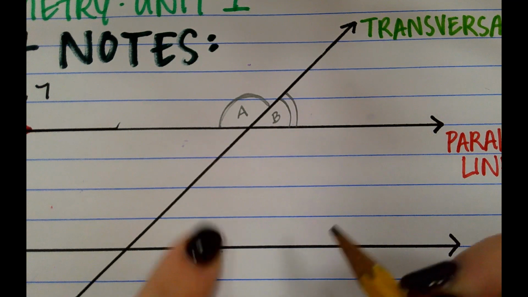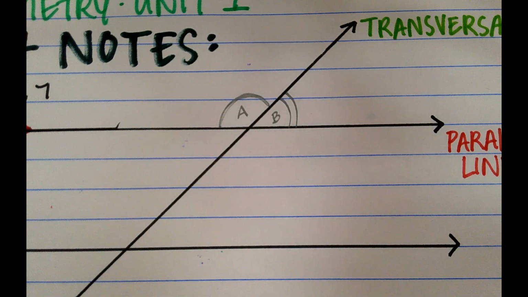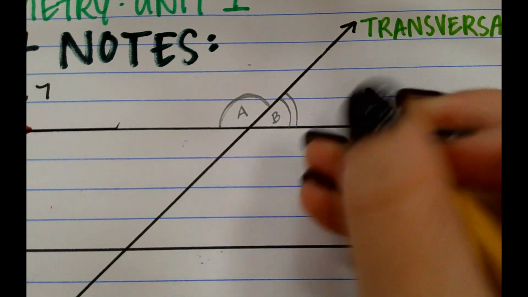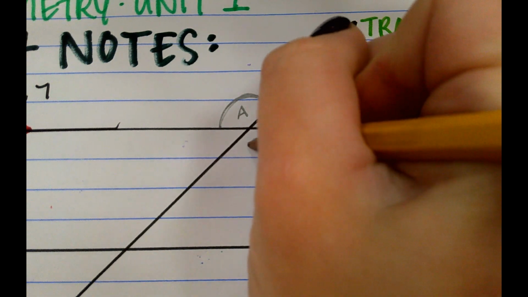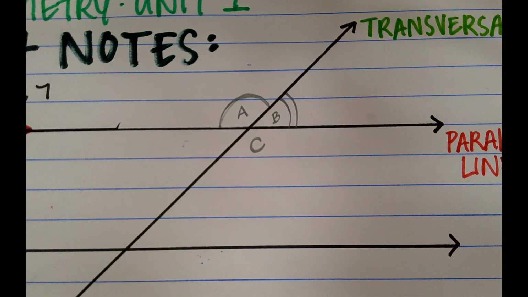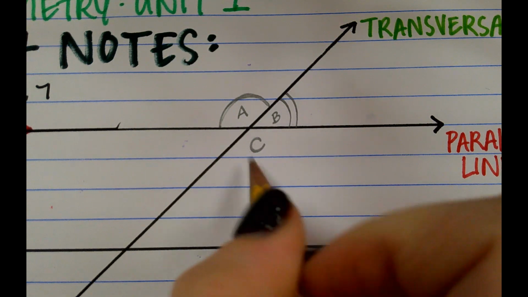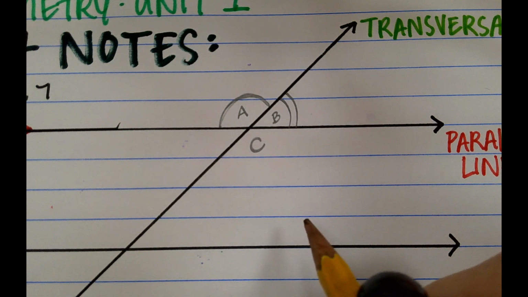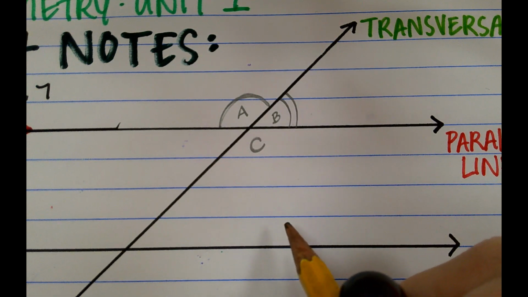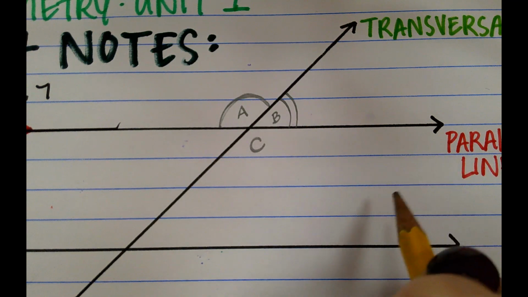Right. So we have angle A, angle B. Now we will go below and do angle C. Now, angle C, does it look like it might be the same size as any of the angles here?